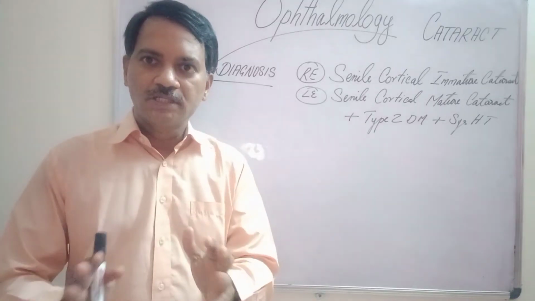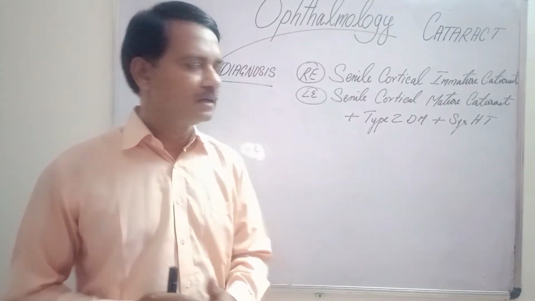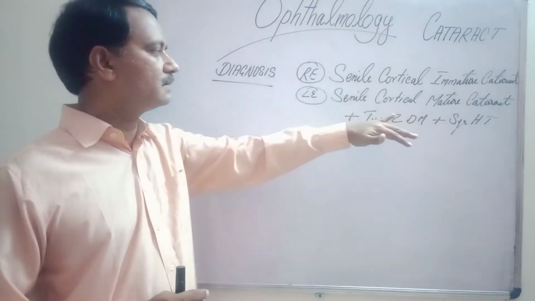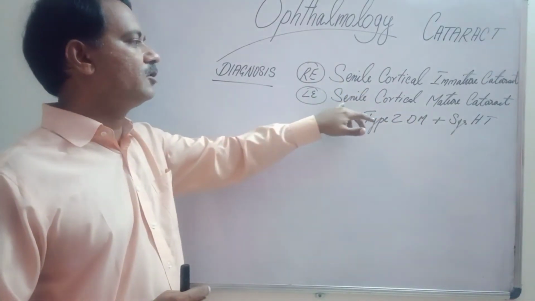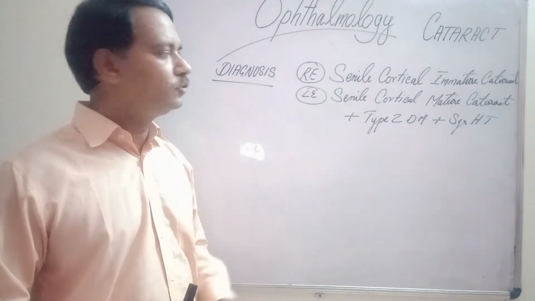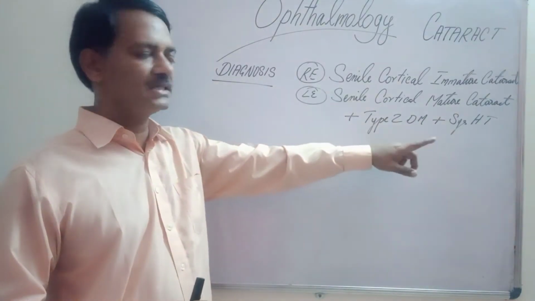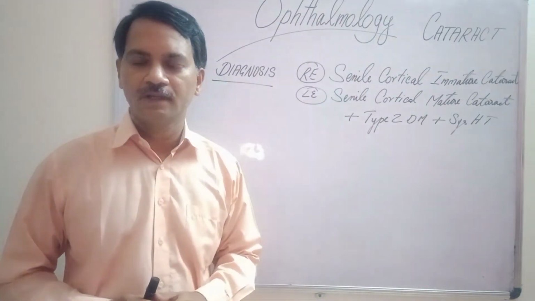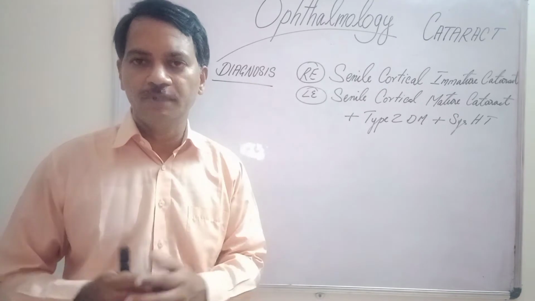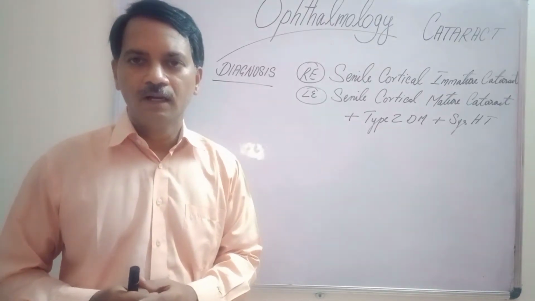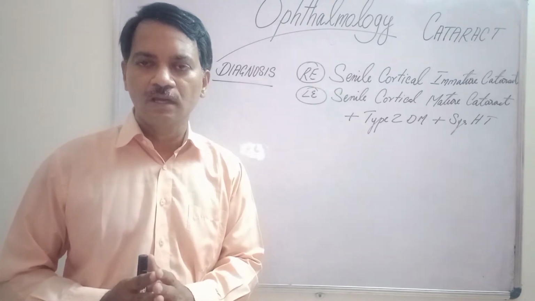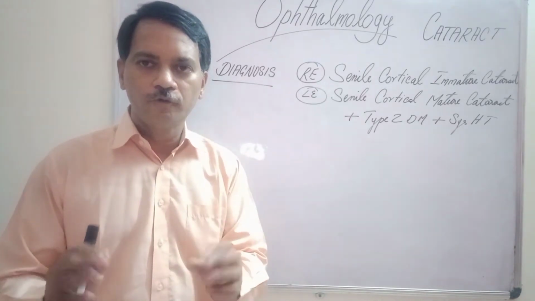The diagnosis for our patient is right eye senile cortical immature cataract, left eye senile cortical mature cataract, with type 2 diabetes mellitus with systemic hypertension. Those people who have not seen the previous video, please go through it. Now, how to proceed with this diagnosis, what we have to do for this patient.